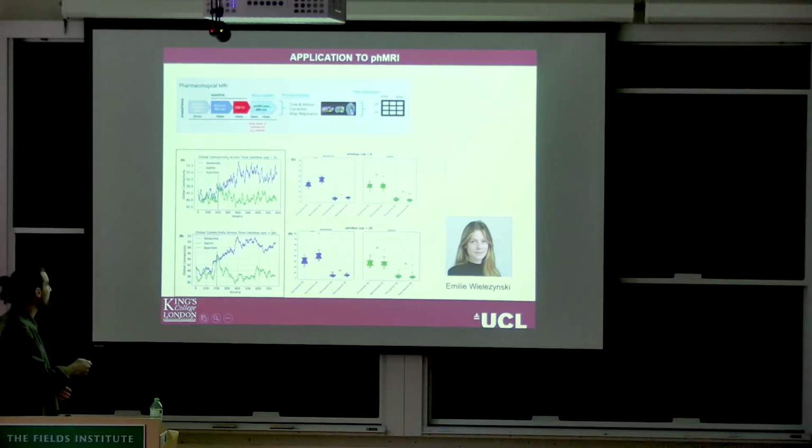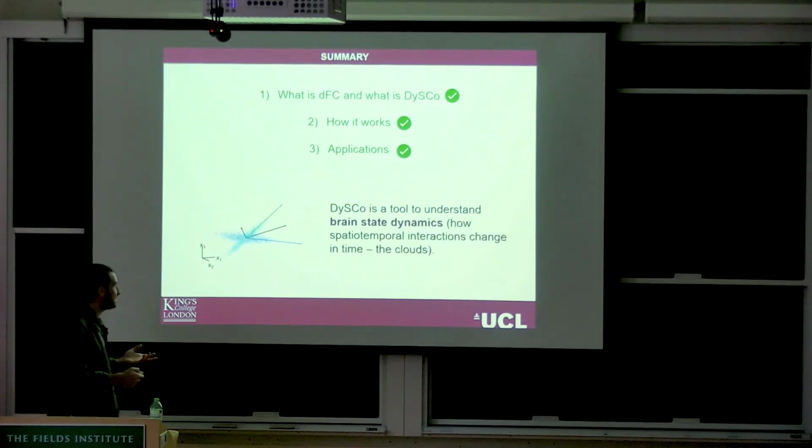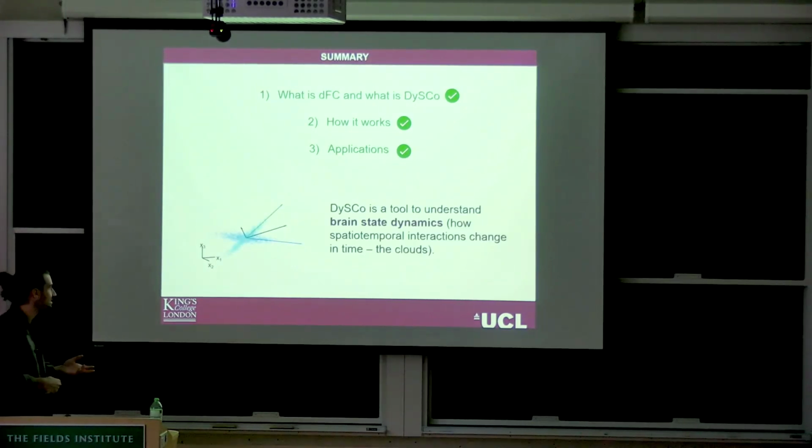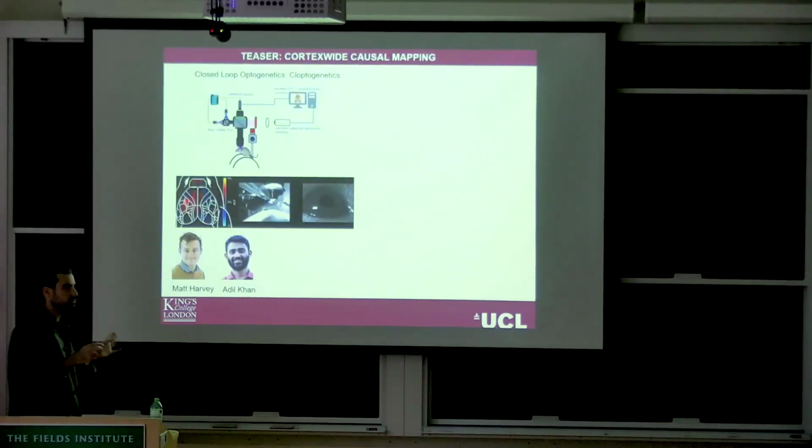If you look here, you can see that after the injection of ketamine, with DySCo we can track in real time the effect of ketamine on the global connectivity, so on the total amount of connectivity. Just to give you another example application. So this is it. DySCo is a tool to understand brain state dynamics using this eigenvector slash matrix view. And so this was DySCo.